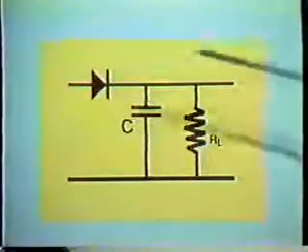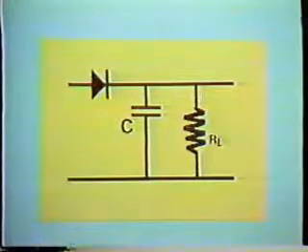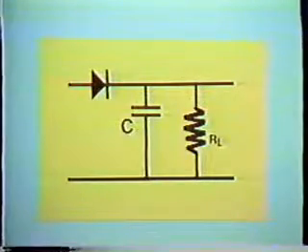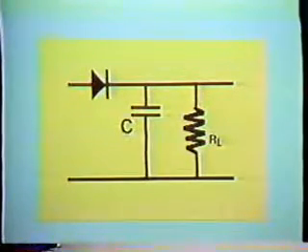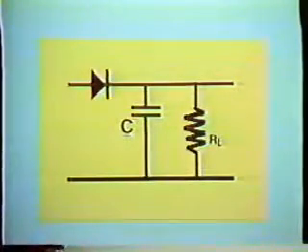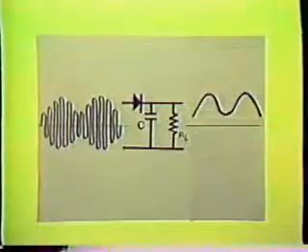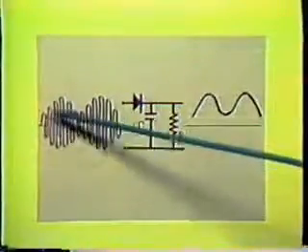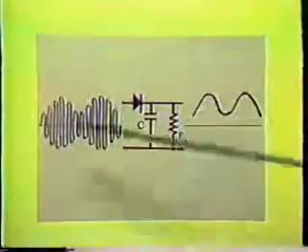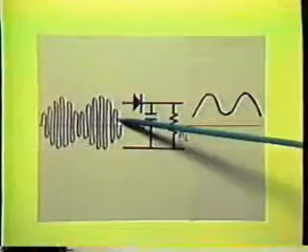You will note this looks like the half-wave rectifier circuit that we saw in the program on rectifiers and power supplies. In fact, it is essentially the same circuit, and it operates the same way, except now we are operating at a much higher frequency. When the modulated signal is applied, the diode is forward biased and will conduct during the positive half of the modulated signal.